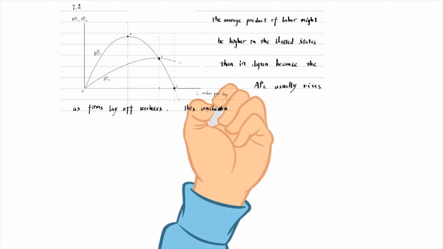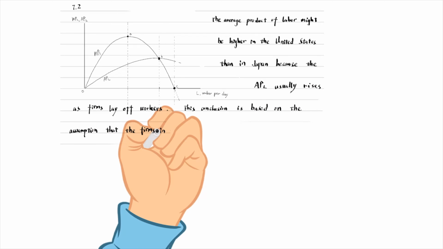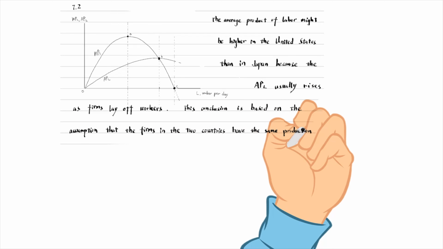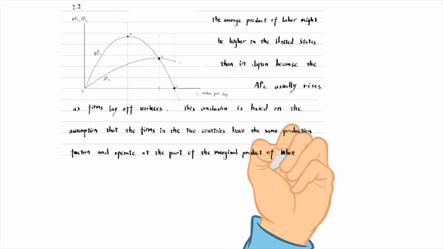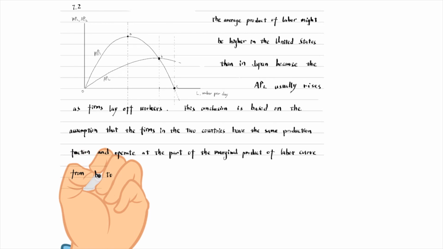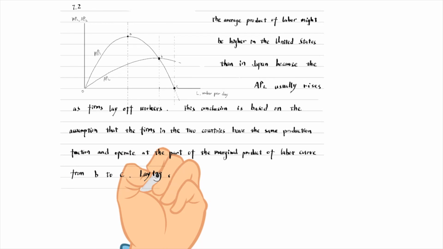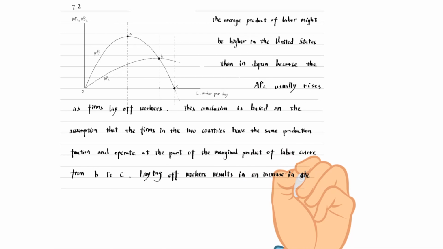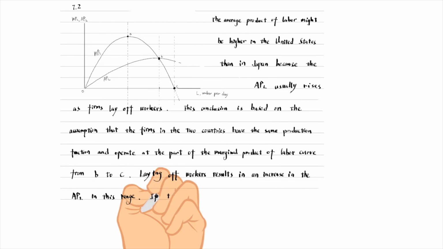This conclusion is based on the assumption that the firms in the two countries have the same production function and operate at the part of the marginal product of labor curve from point B to point C. Laying off workers results in an increase in the average product of labor in this range.